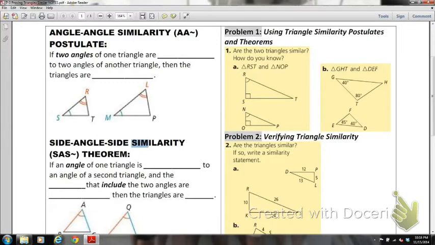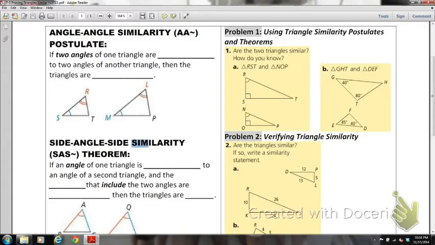In problem 1, it asked, are the two triangles similar, and how do you know? So you're going to use one of the postulates and theorems, these 3 that we have in this lesson, for similarity. In A, you have triangle RST and triangle NOP.